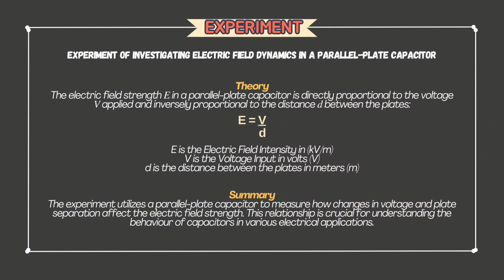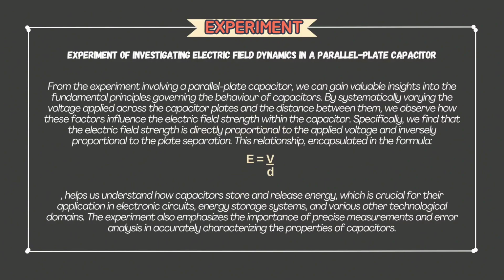To summarize, this experiment utilized a parallel plate capacitor to measure how changes in voltage and plate separation affect the electric field strength. This relationship is crucial for understanding the behavior of capacitors in various electrical applications. Lastly, from this experiment, we can gain valuable insights into the fundamental principles governing the behavior of capacitors. By systematically varying the voltage applied across the capacitor plates and the distance between them, we can observe how these factors influence the electric field intensity within the capacitor.